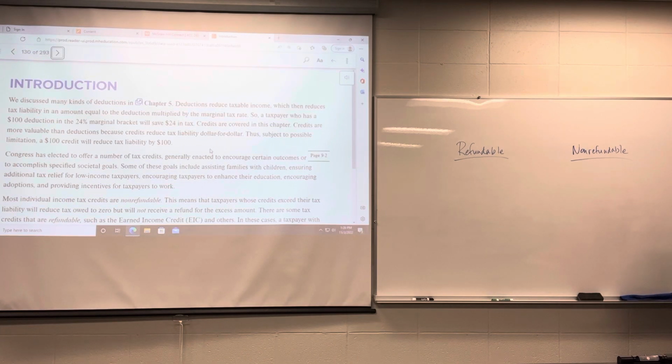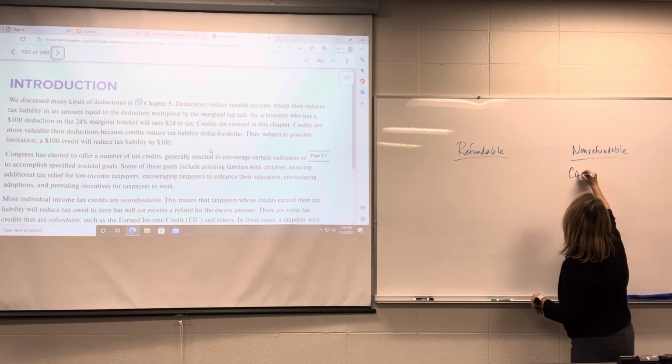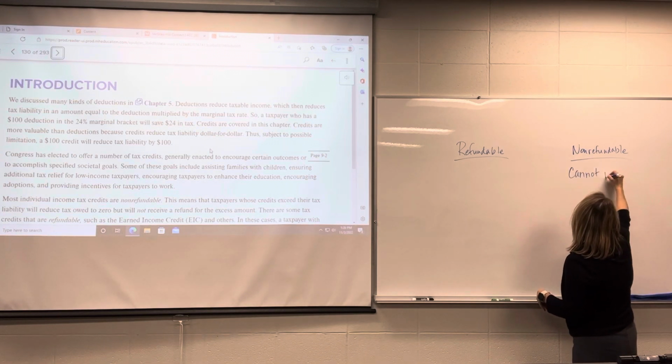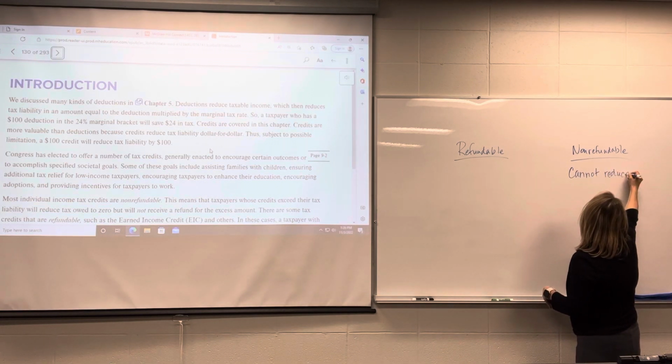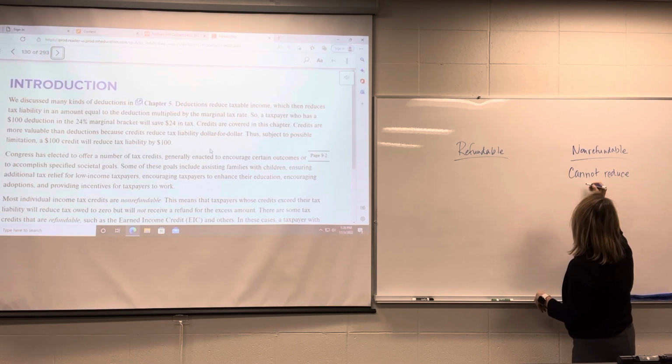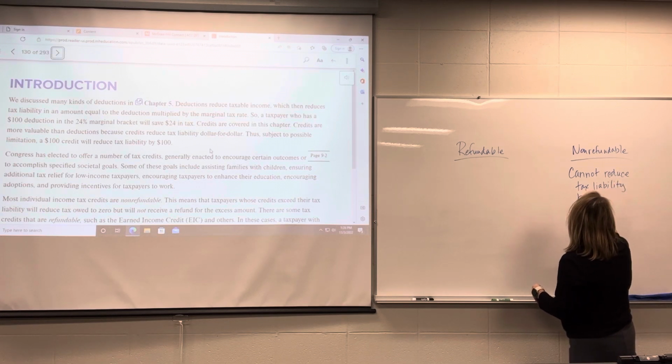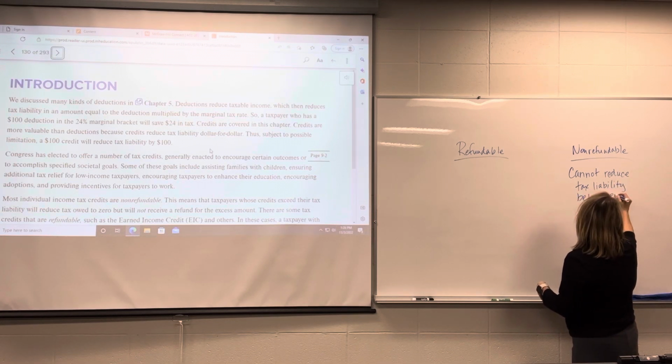You can still get a refund even if you have a non-refundable tax credit, but it can't reduce the tax liability below 0. So what you're saying is it can only reduce up to what they would have. Yes. That's the money. And I'll give you an example.